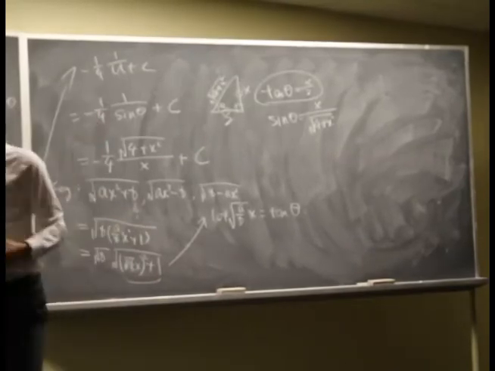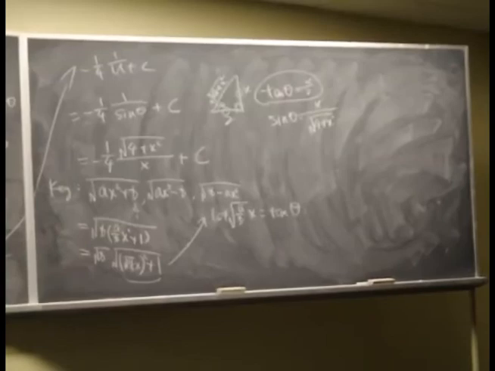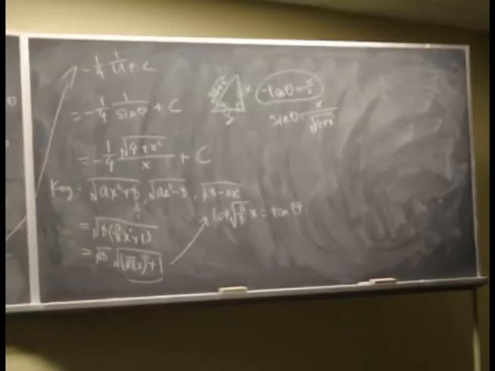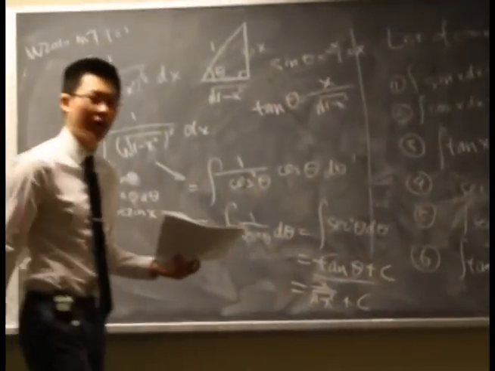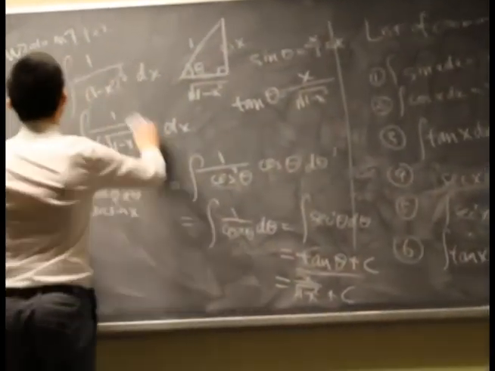Now we're going to move to even more complicated cases. What happens if we don't have that nice expression over there? What happens if we have a quadratic with a linear term in the middle?